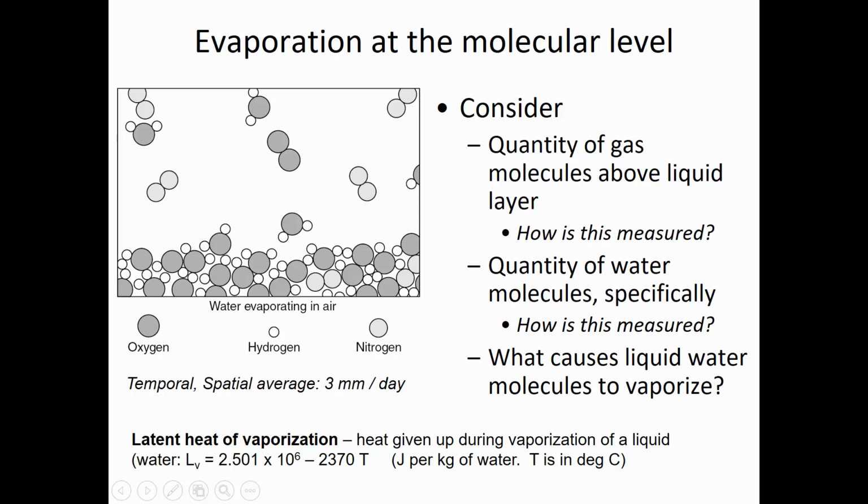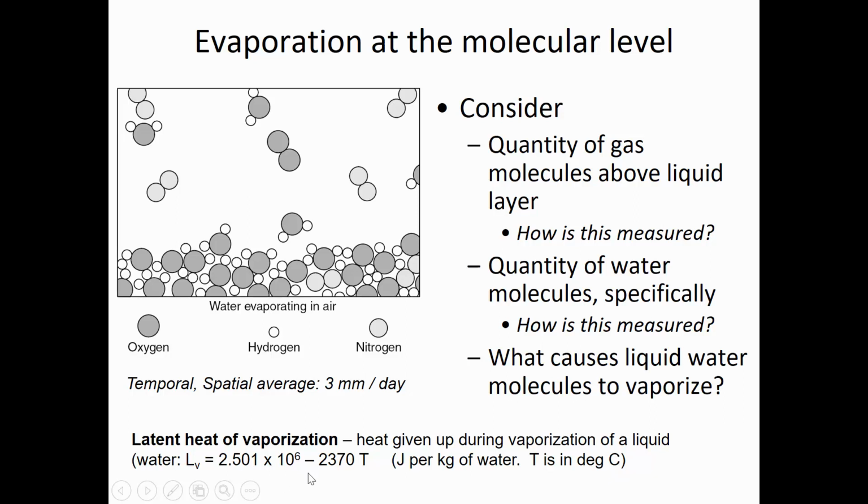and other places where the evaporation is 0. A physical property of water, the latent heat of vaporization, tells us how much heat is required to take a kilogram of water and turn it from the liquid phase into the vapor phase. This is in terms of joules, and as it's written here, the temperature needs to be in degrees Celsius.